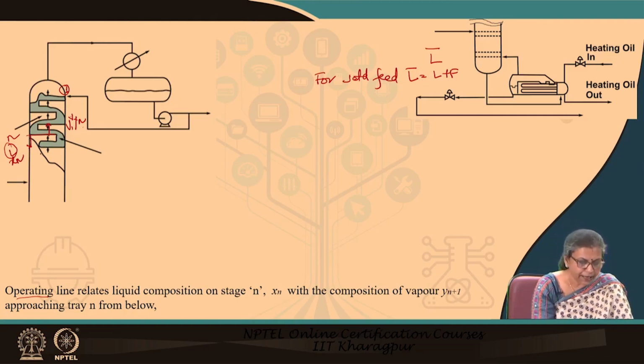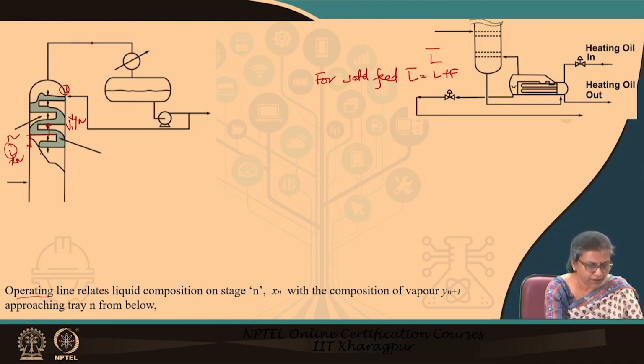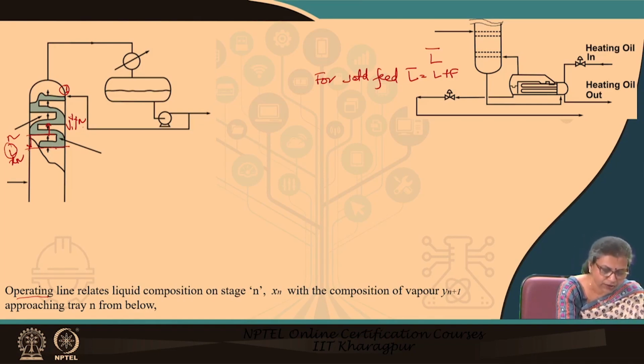So if we observe this particular part, what do we see? We find that for any particular tray n, say in the enrichment section, the liquid which is falling down is L, and the composition is xn.